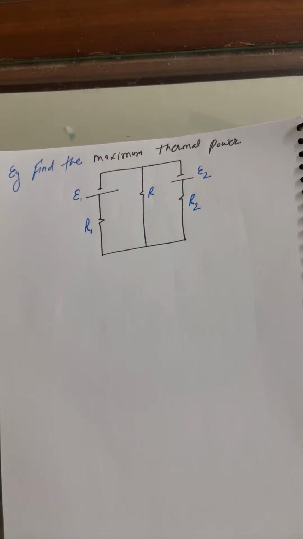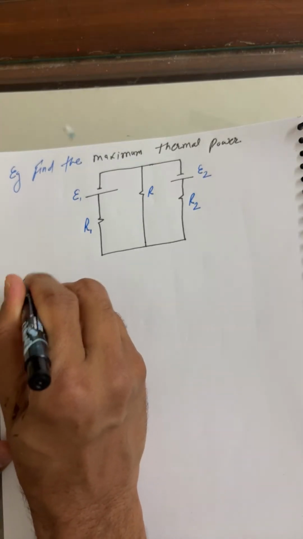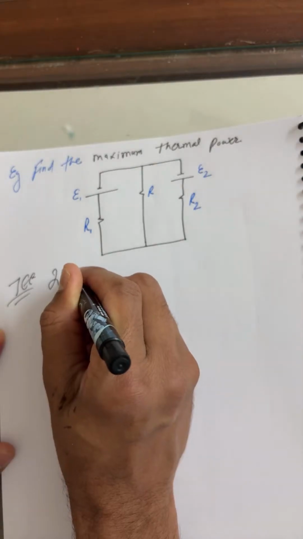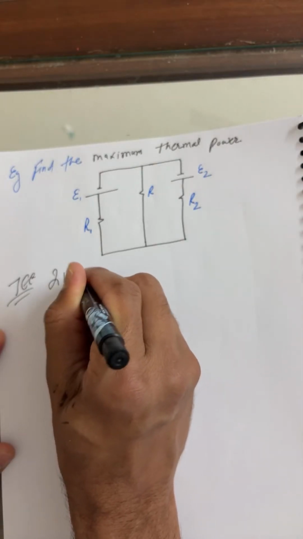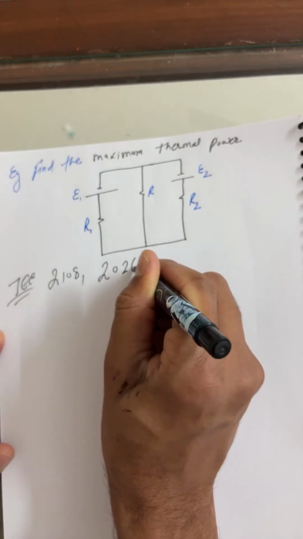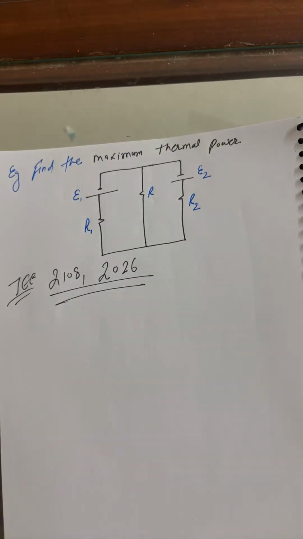I hope all of you remember this question asked in this line only. In JEE, first time they asked this question in 2018. This year also they repeated, JEE 2026 January attempt, they repeated this question.